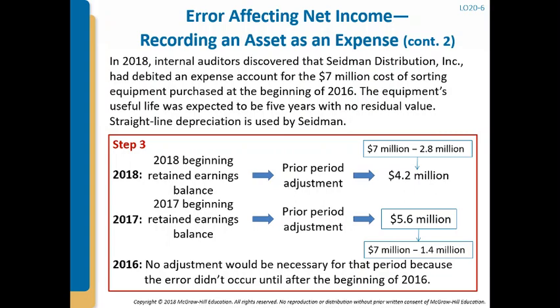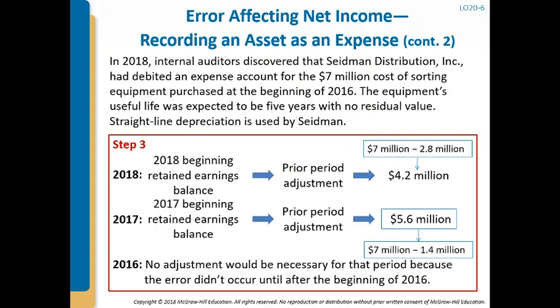So anyway, bottom line, here we just have comparatives for 2017 and 2018. Your prior period adjustment for 2017 is going to be 5.6 million to retained earnings, because that's the difference between 7 million and the 1.4 million in depreciation expense that should have been expensed.